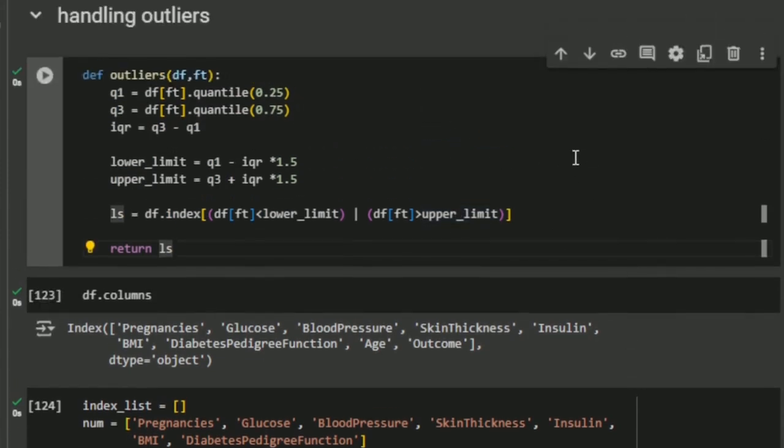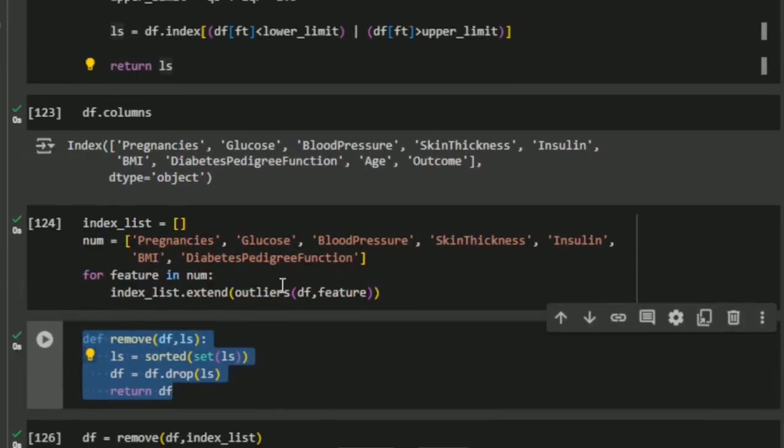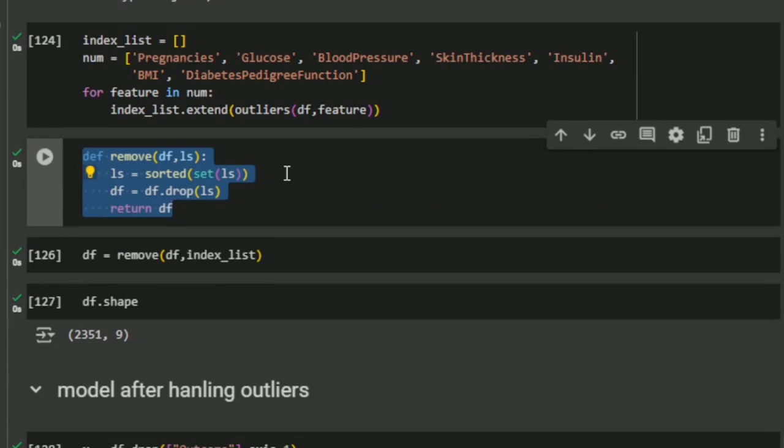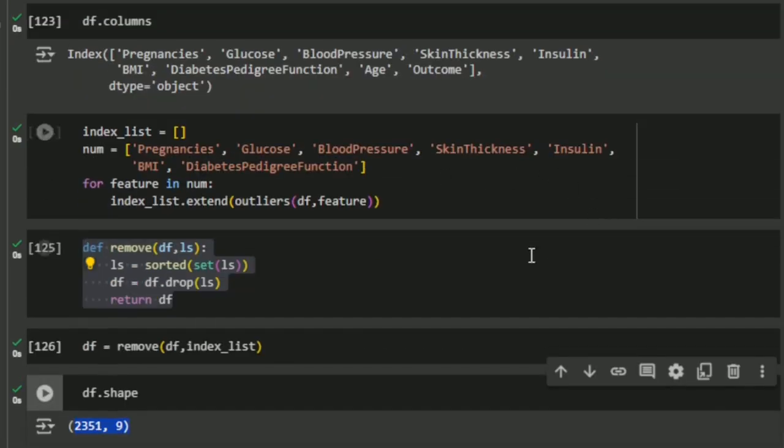After identifying these outliers, we removed them from the dataset, which reduced the dataset size. This step ensured that our model wouldn't be skewed by these extreme values, which could have negatively impacted its performance.